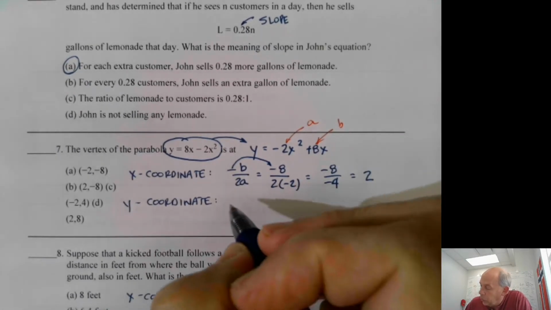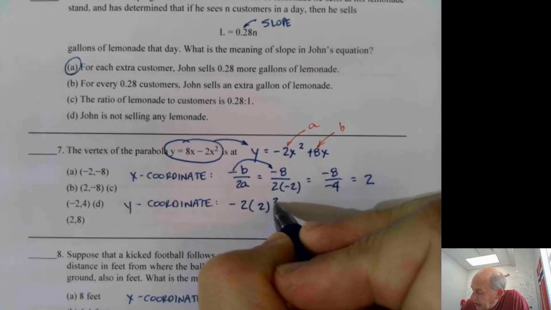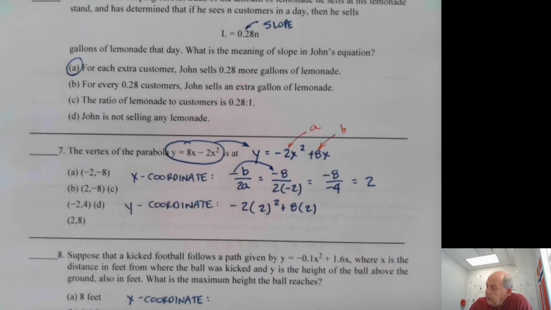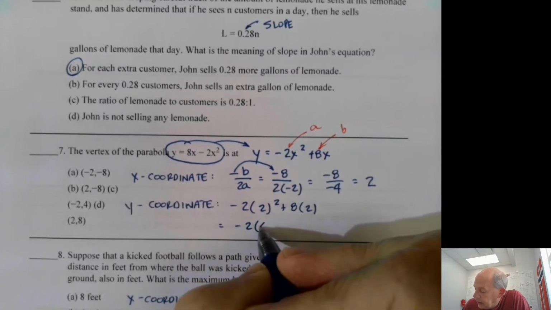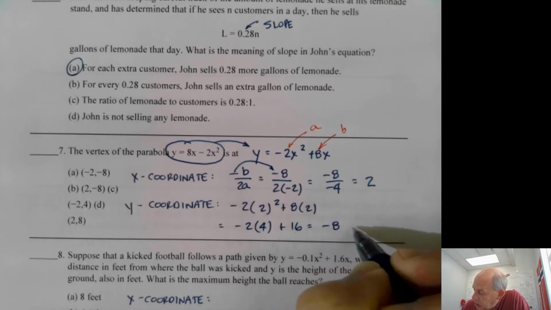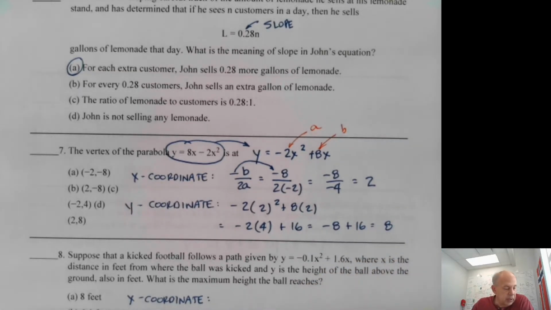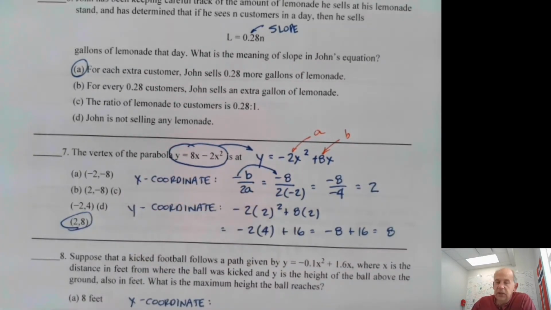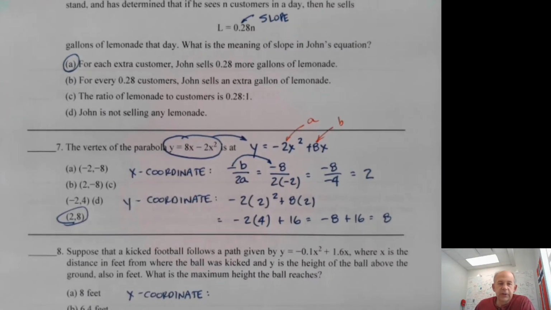Now, to find the y coordinate, all I have to do is plug in x into my model and do a little bit of math. So I have negative 2 times 4 plus 16, which is negative 8 plus 16, which is positive 8. My answer is choice D right there. X is 2, y is 8, and I'm good to go.